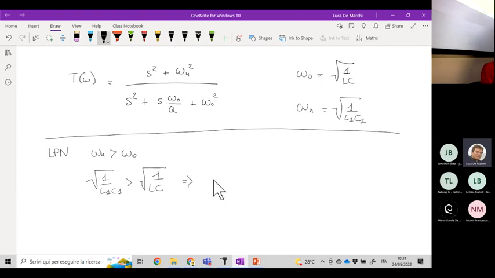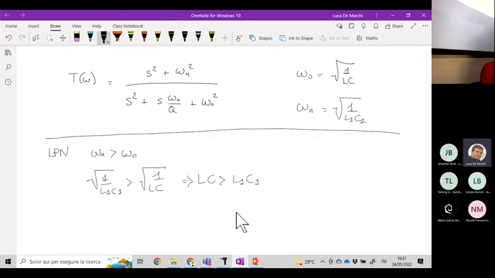This means that LC must be larger than L1 times C1.